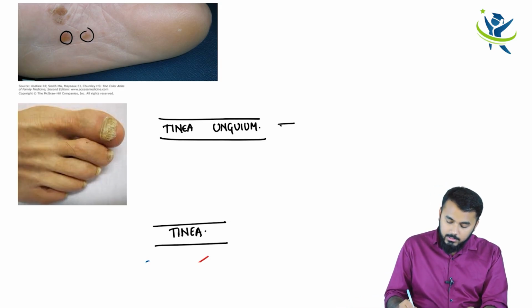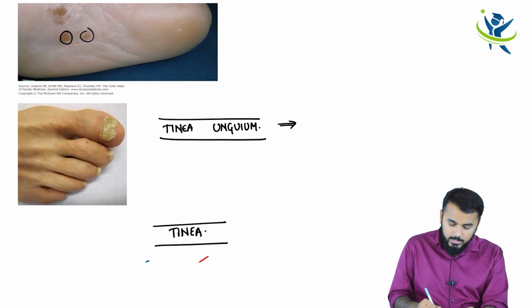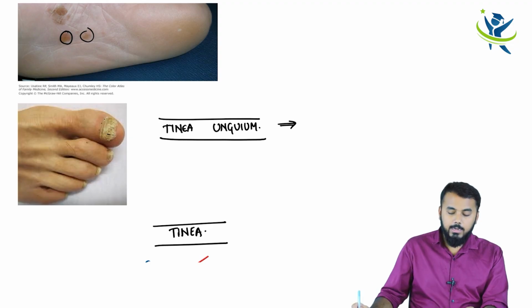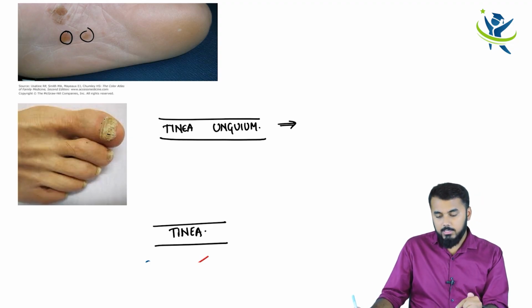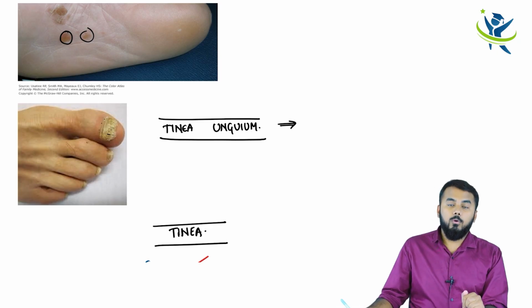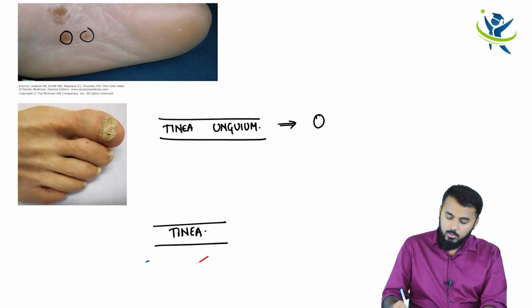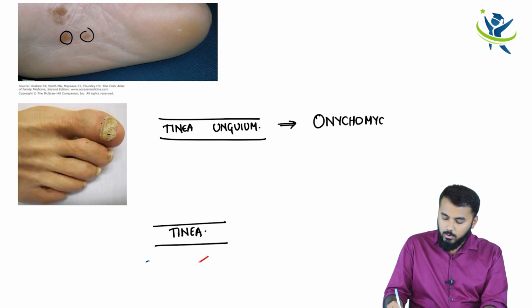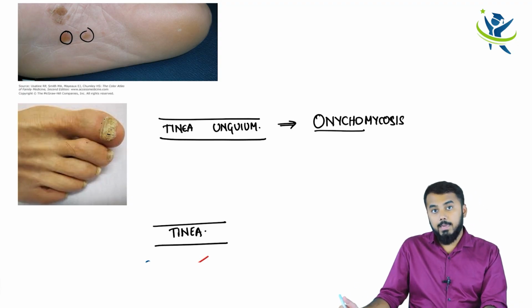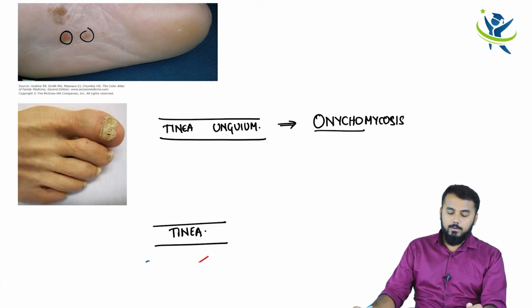As a result, you can look at the nail here, how distorted it is. This condition happening to the nails is called onychomycosis. It means fungal infection of onycha. Onycha means nail. Fungal infection of nail.